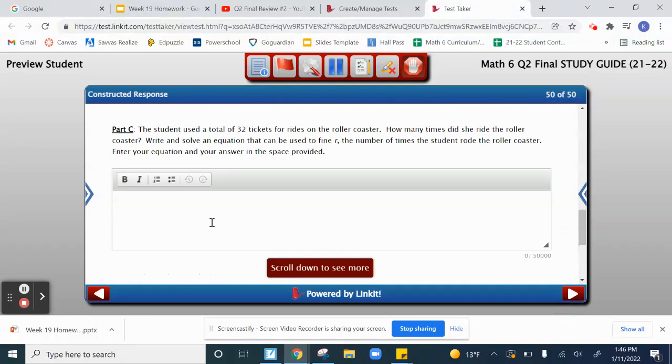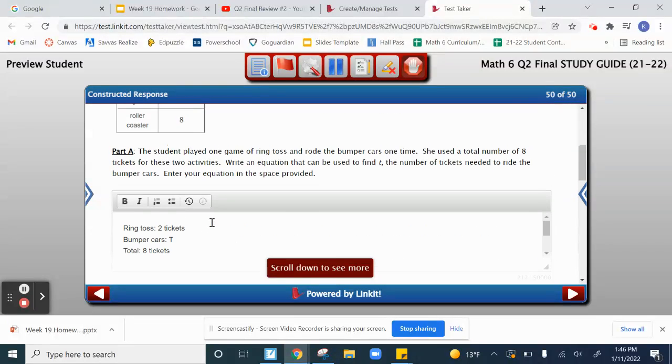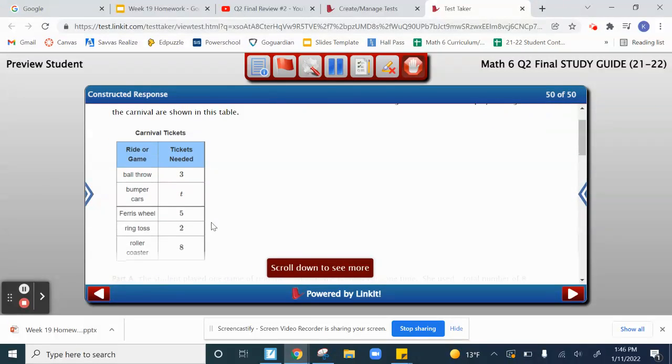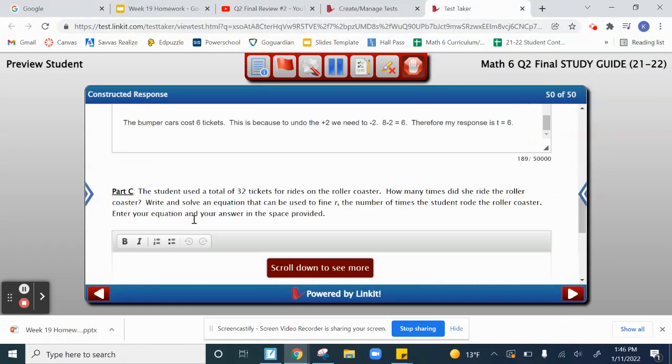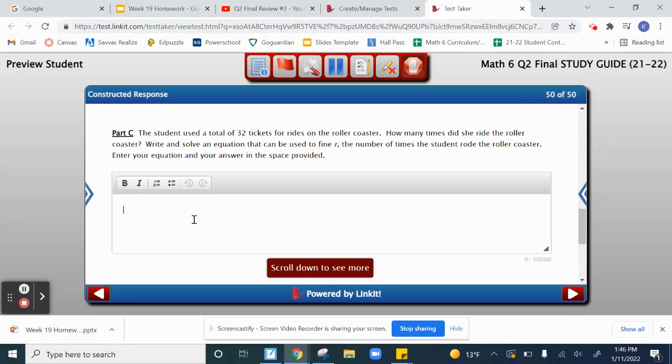The student used a total of 32 tickets for rides on the roller coaster. How many times did she ride the roller coaster? All right, so let's take a look. Roller coaster cost 8 tickets for one ride, but we spent 32 tickets.